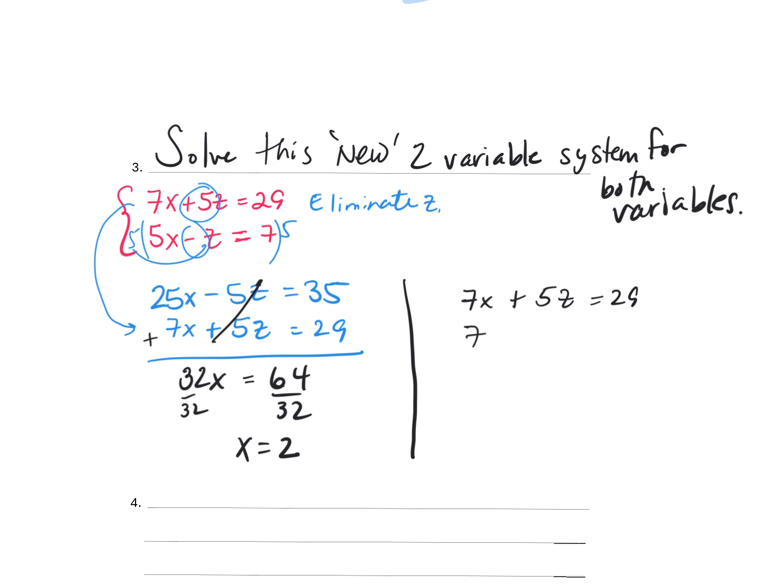So in place of an x, I am putting, oops, that's not what I meant to do. I am putting 2, apologize. And then I'm going to solve for z. 7 times 2 is 14.